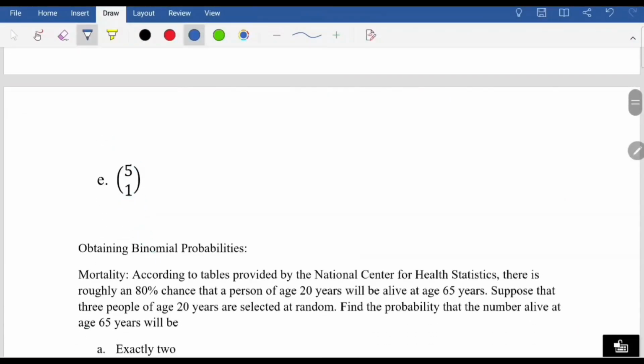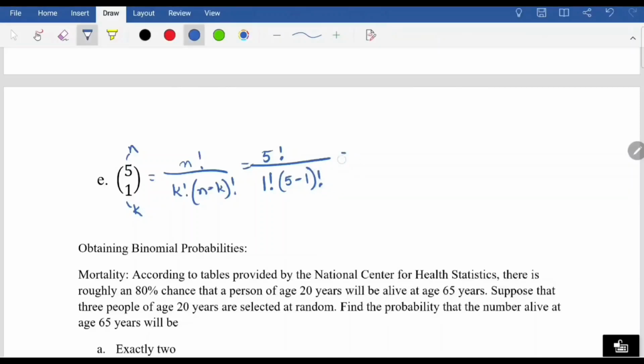5 combination 1. So again, just write it down. N factorial over k factorial times n minus k factorial. Again, this is n, this is k, correct? So n factorial would be 5 factorial, k factorial is 1 factorial, and n minus k is 5 minus 1 factorial.